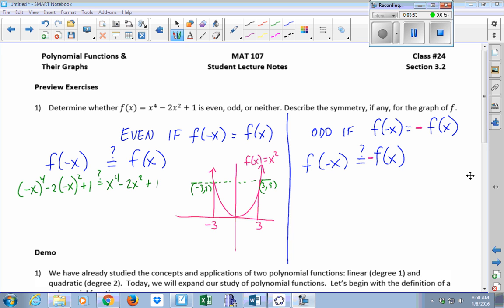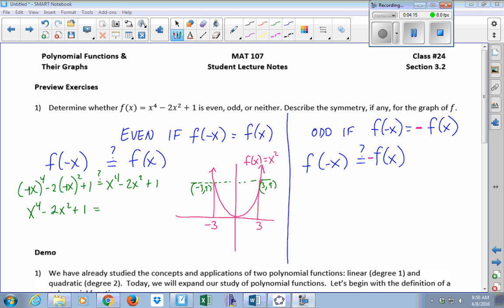Okay, and if I take the opposite of x, which is really the same thing as -1 times x, and I raise that to the fourth power, I'm going to have -1 times -1 times -1 times -1, which is 1, x to the fourth. And -1 squared times x squared is x squared.